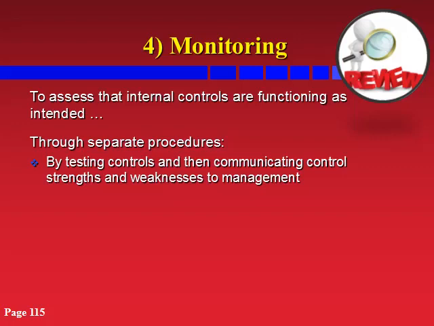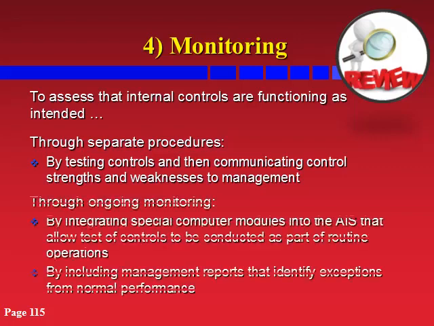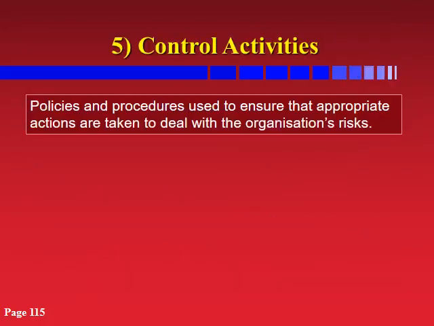This could be done by having internal auditors make checks and recommendations for improvements to controls. Ongoing monitoring may include having either computer systems integrated into routine operations or having management reports highlight trends and exceptions from normal performance. Finally, the final element is the control activities.